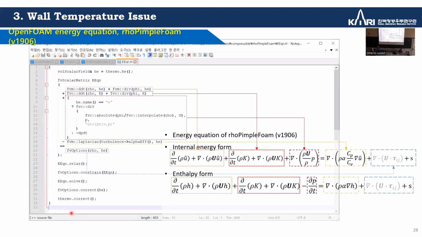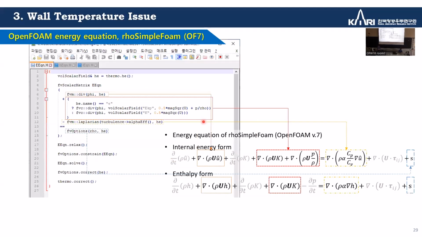I tried to match the theoretical equations to the equations in the OpenFOAM solvers, and I see that the other version, I mean the normal version, has the right equations in its solvers here. Here rhoPimpleFoam or rhoSimpleFoam from OpenFOAM 7 match the theoretical equations.